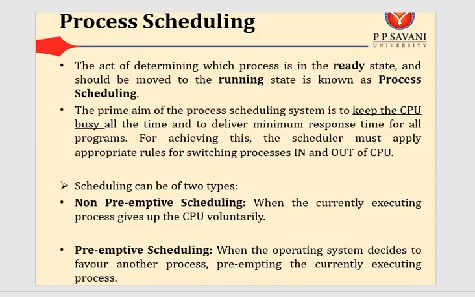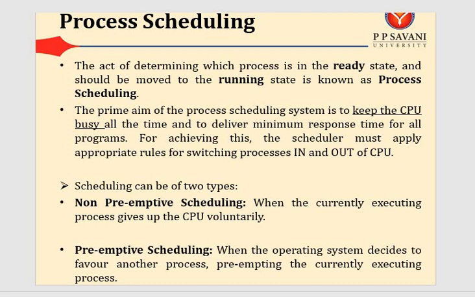The prime aim of the process scheduling system is to keep the CPU busy all the time, to deliver maximum throughput, and to deliver minimum response time for all programs.